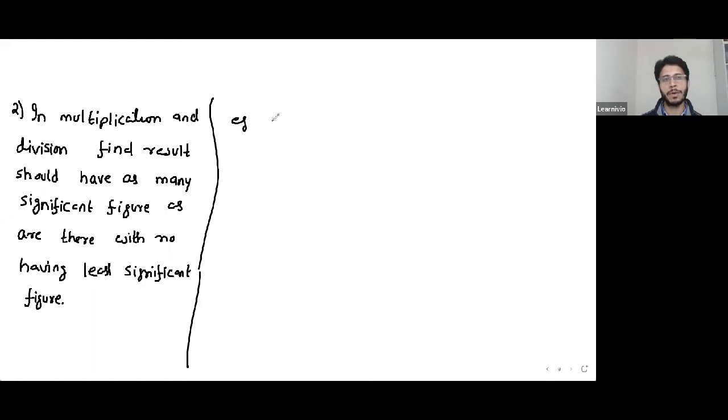For example, I'm asking you to multiply 1.232 into 1.4. I'm multiplying using my calculator. If I multiply them, 1.232 into 1.4, it comes out to be 1.7248.